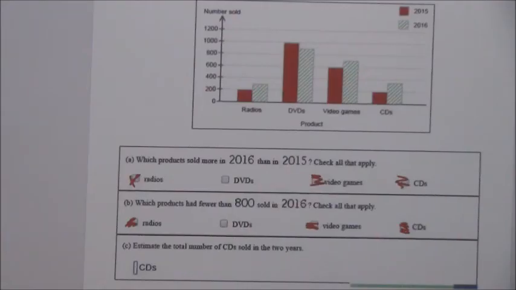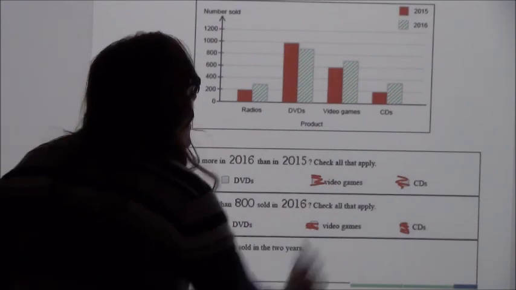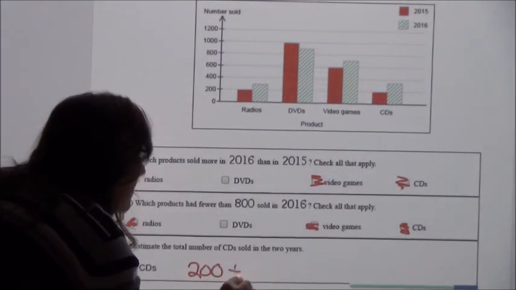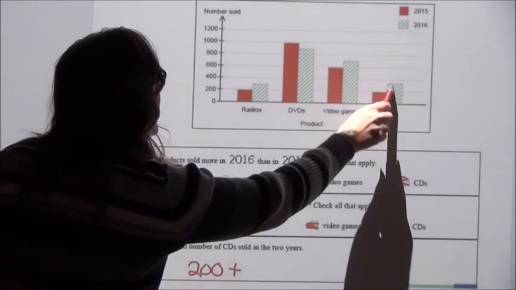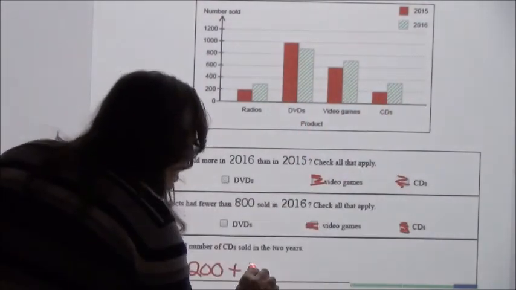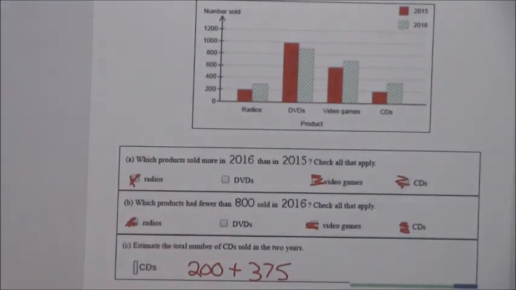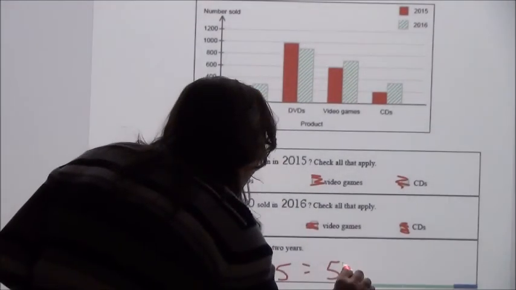So for the total number of CDs in the 2 years, we said that in 2015 we were about at 200, and in 2016 we're about at 375. And so the total for the 2 years would have been about 575.